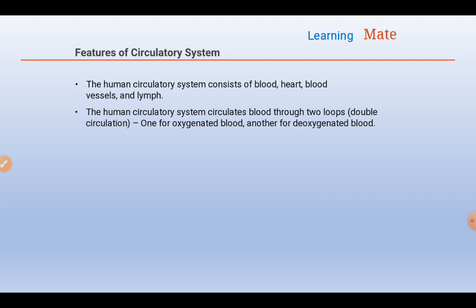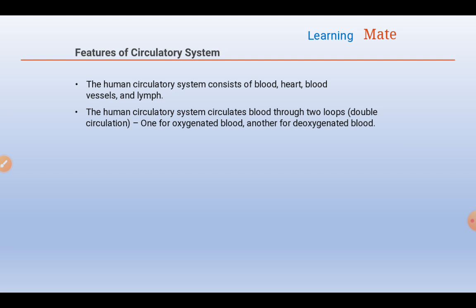Then again, the human circulatory system circulates blood through two loops, in other words, called double circulation. Earlier, I showed you a diagram of the circulatory system, and I said that it functions using two loops or pathways, and this is called double circulation.